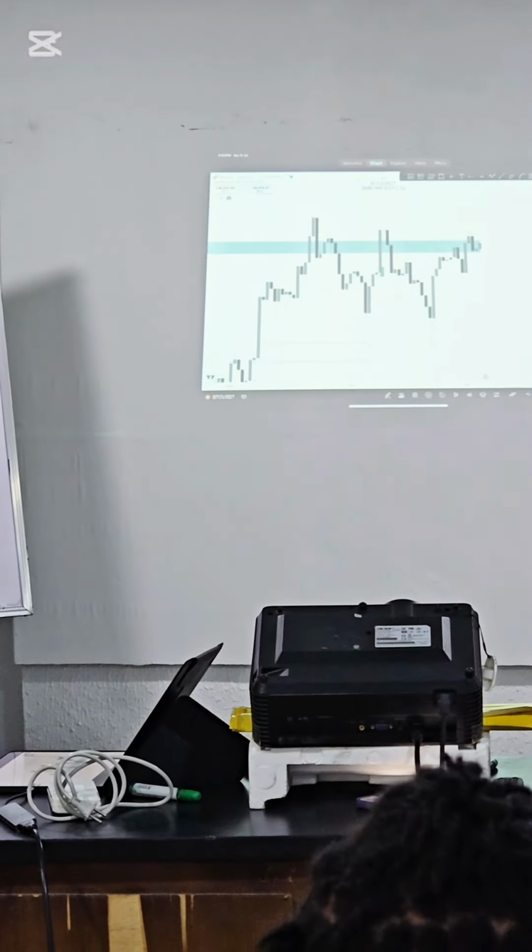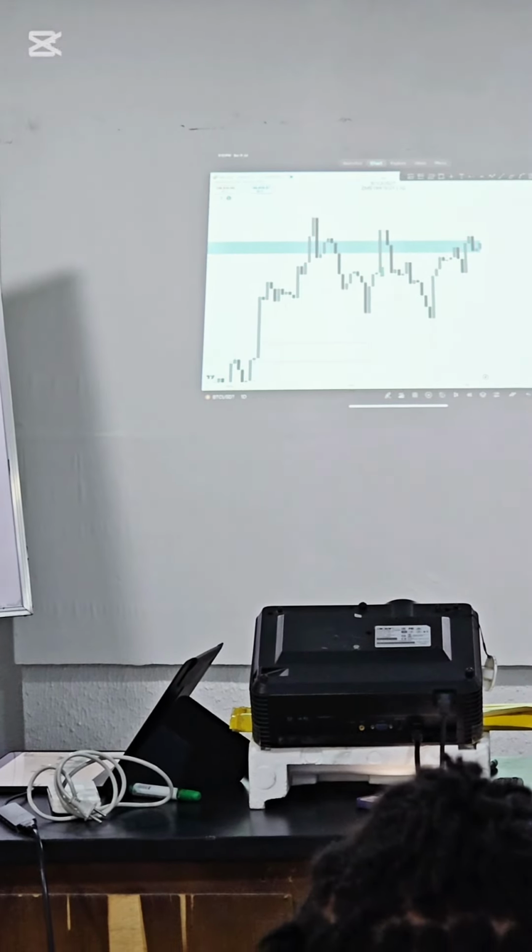Let's go to line chart. Let's use the line chart. So with line chart, what can we see? Downtrend. From where and where? So from here we can see that the market is coming down.